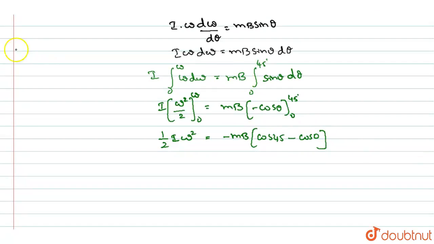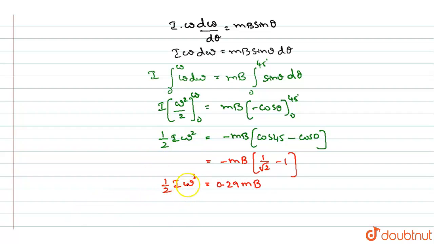When you substitute the values, the left side remains the same. So it will be minus mb into cos 45, which is 1 by root 2, minus cos 0, which is 1. So half I omega square will be equal to 0.29 mb, is the value you get here.